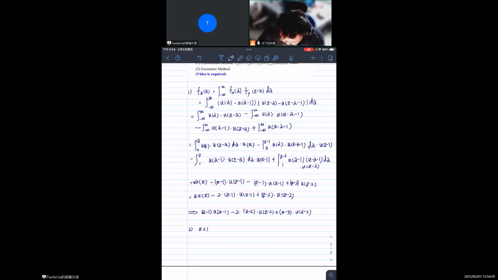So for this one, we have the Fz, which is the probability of Z being less than or equal to z.